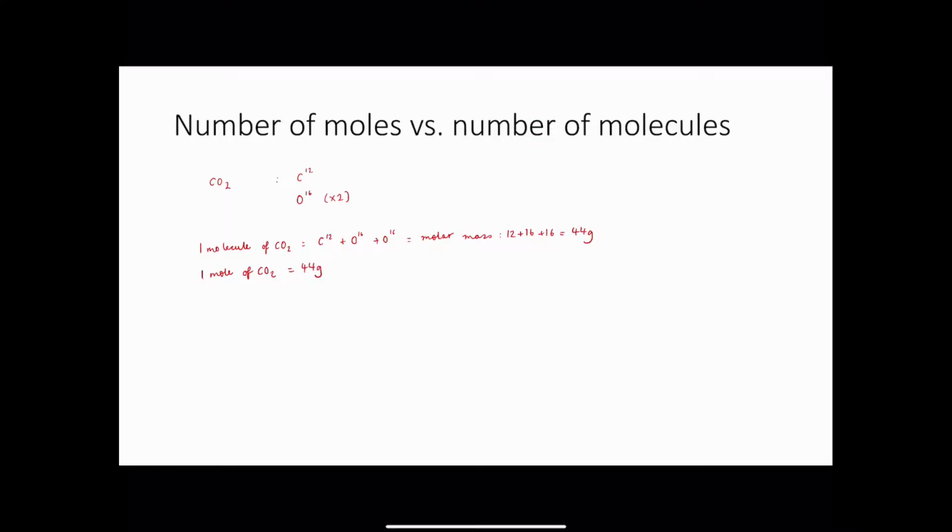So we could work out number of molecules by multiplying through by Avogadro's constant, but let's just skip straight forward to dealing with a different amount of carbon dioxide. So let's say we've got 100 grams of carbon dioxide.